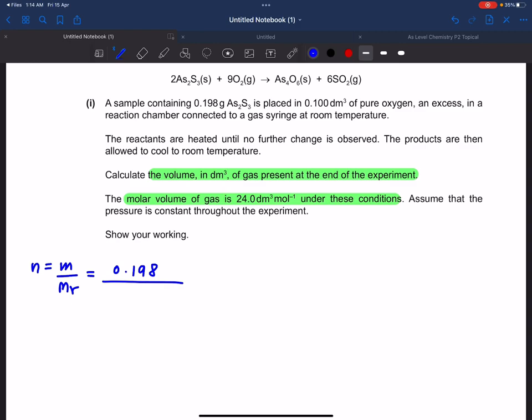It's 2 times arsenic, 74.9, plus 3 sulfurs, 32.1. You'll find the moles as 8.05 times 10 to the power minus 4 mole. You get 1 mark for this working.